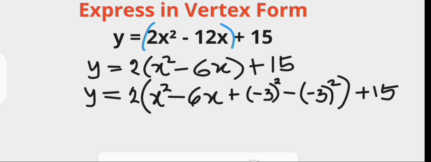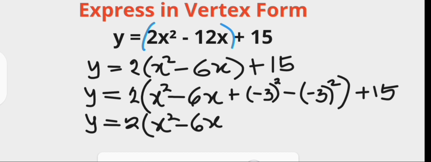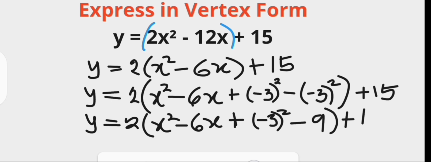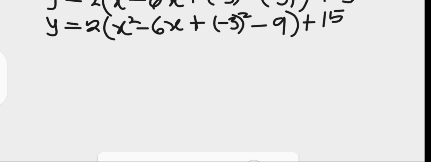This becomes y equals 2(x² − 6x + (−3)² − 9), when we take the square of the last, (−3)², then plus 15. The next thing is to take the −9 out of the bracket.